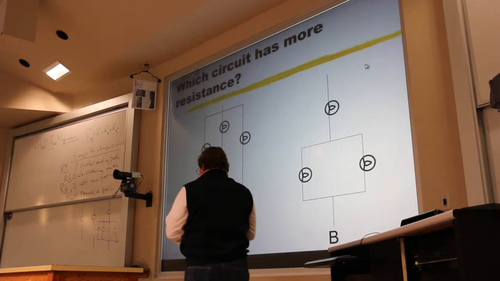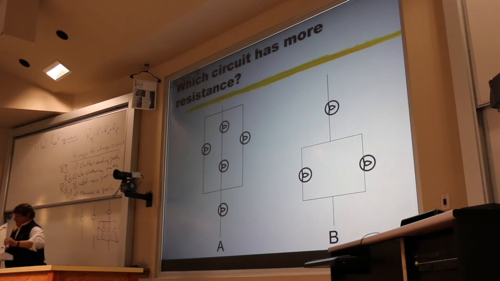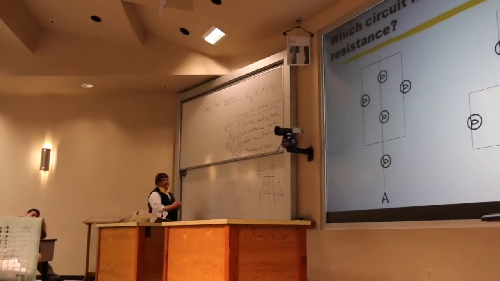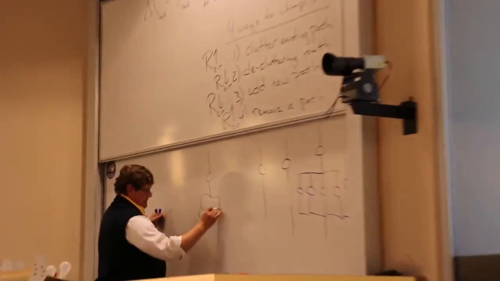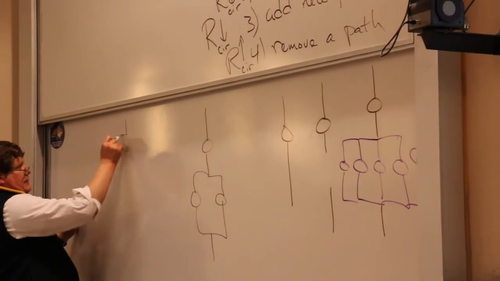Okay, folks, let's follow the rule. The rule says we first of all figure out what we have to add to turn one into the other. B is the simplest one. If I drew A like B, it would look like this.